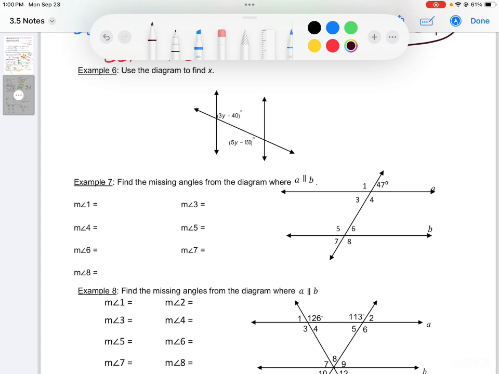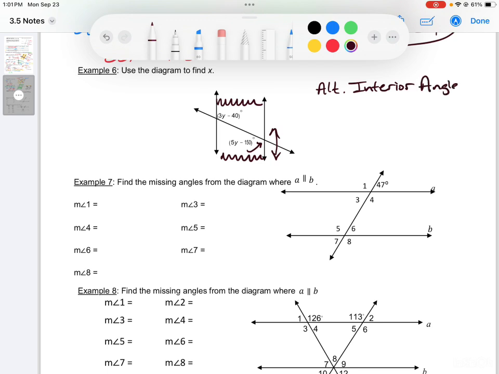On example 6, just to be clear, this is talking about this angle and this is talking about the one it's in. These angles are on opposite sides of the transversal, so they're alternate. And they are also in between the parallel lines, so not only are they alternate, they're also interior.